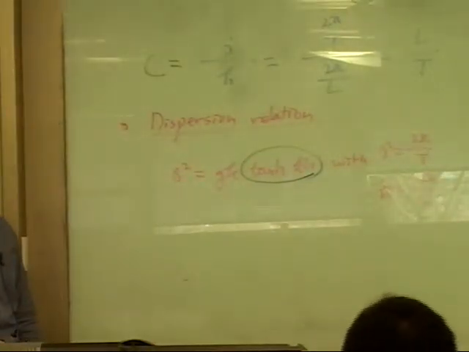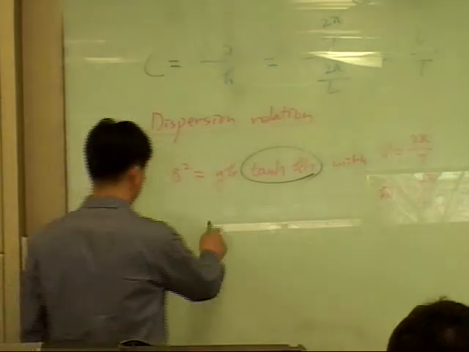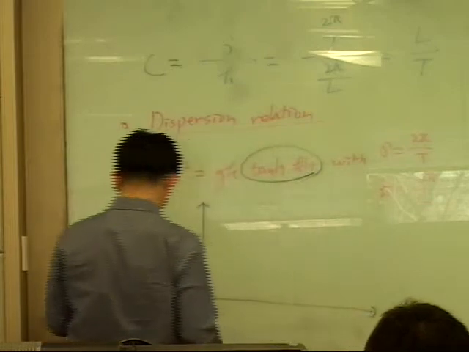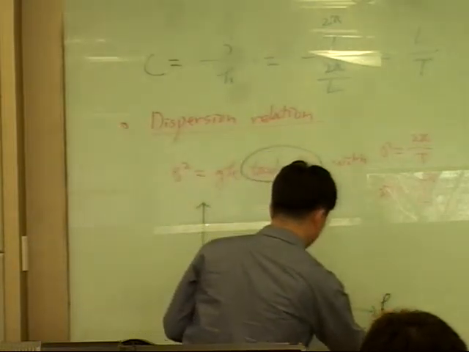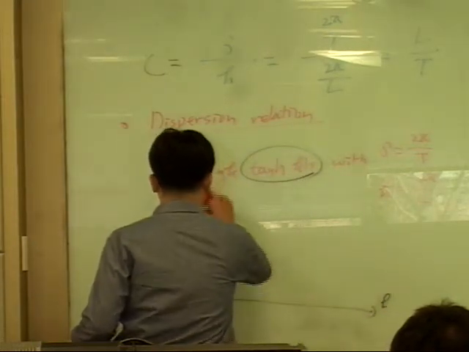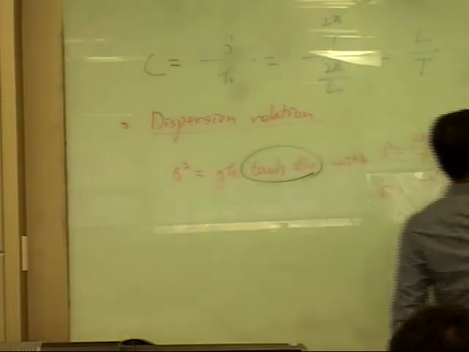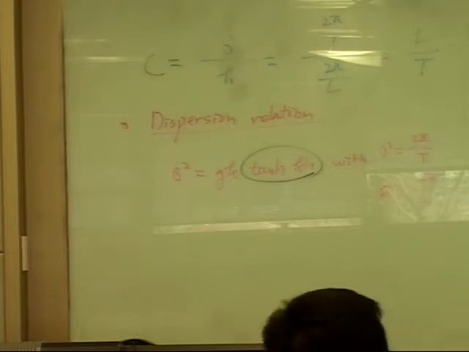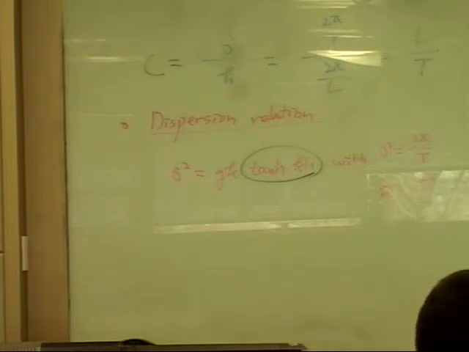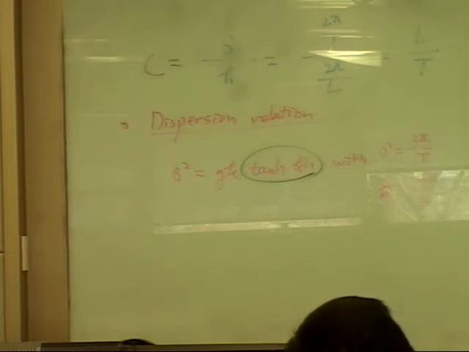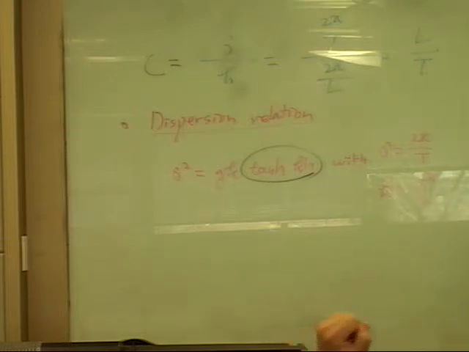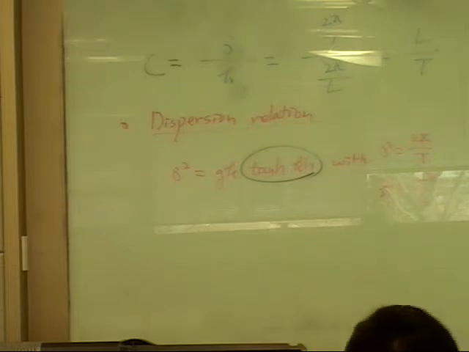You know how to plot it? The function looks like that. I'm going to draw it here. This is kh, 1.0.